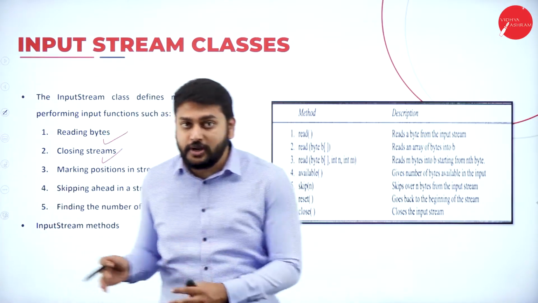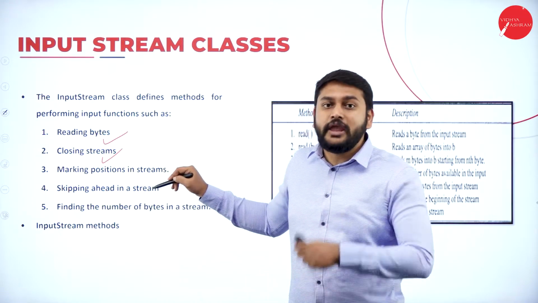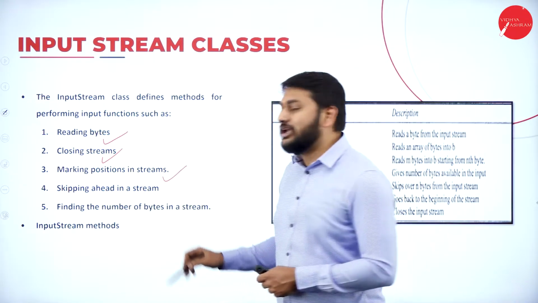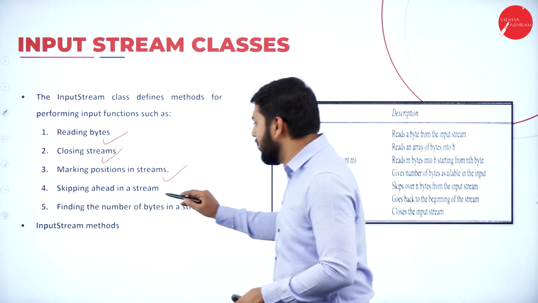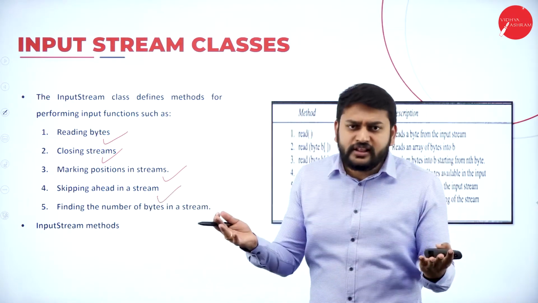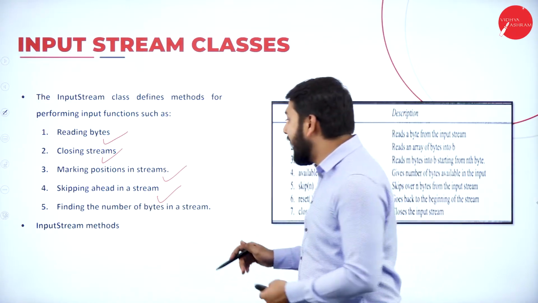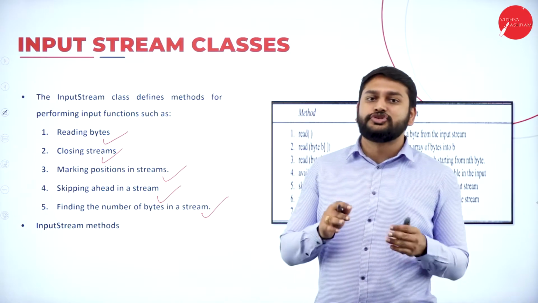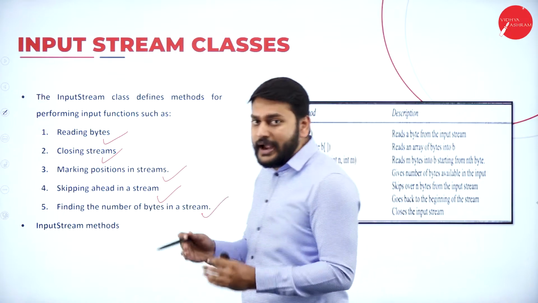If I want to close the stream, I will use the input stream. Also I will be able to mark the position in the streams. I can reset the positions. That's what you need to remember. If I want to skip in the stream, I will be able to do that with the help of the method skip. And I have a special method which will help me to find the number of bytes in the stream.